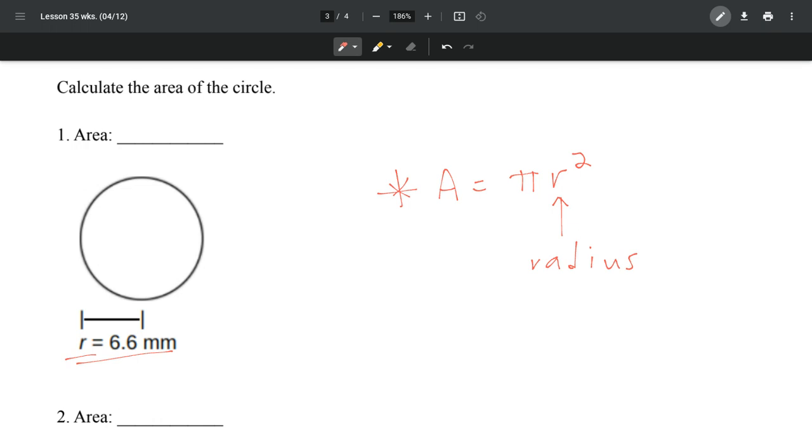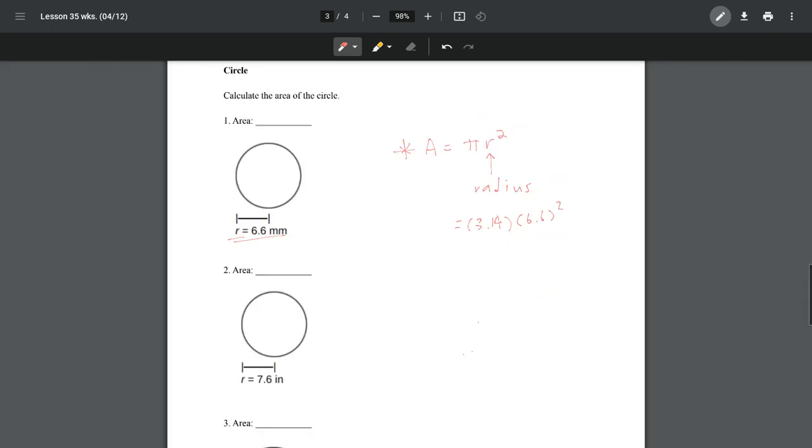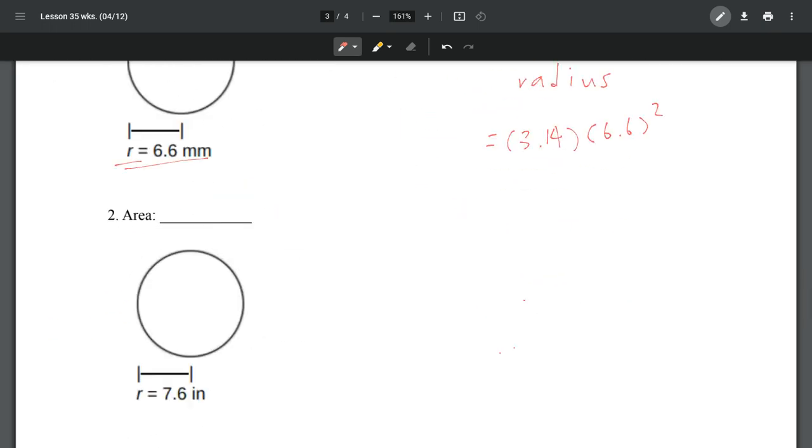And so we have 3.14 times 6.6 squared, right? So first let's do 6.6 times 6.6. Let's move the decimal point and make it a whole number, okay?